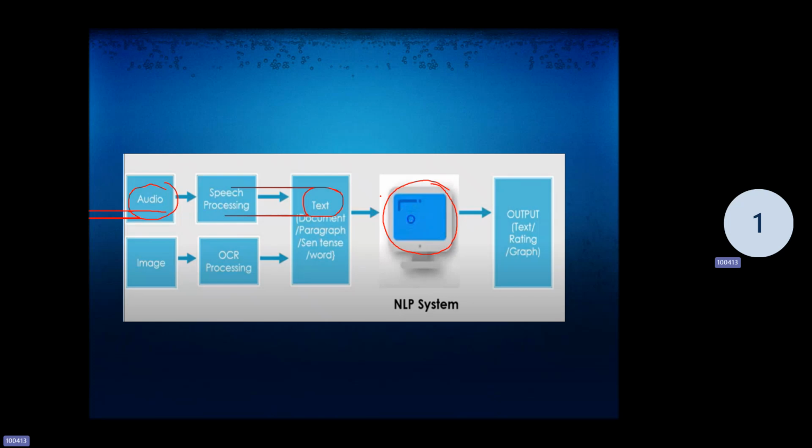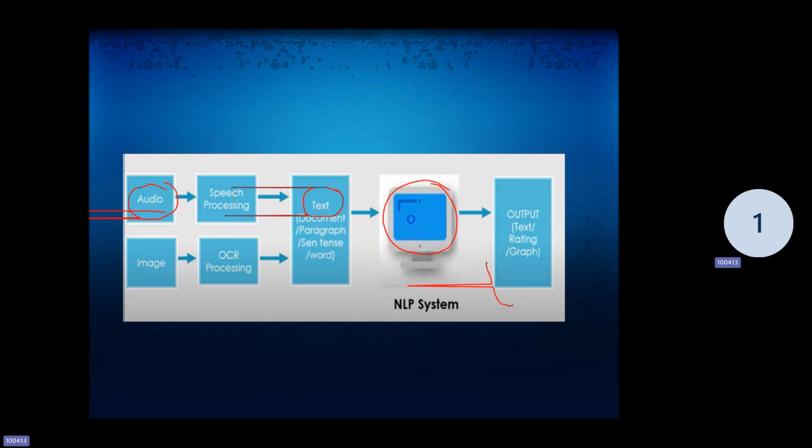And then the NLP system searches using various machine learning algorithms regarding this, what is NLP. And after getting the definition of NLP, it provides you output in the form of text.